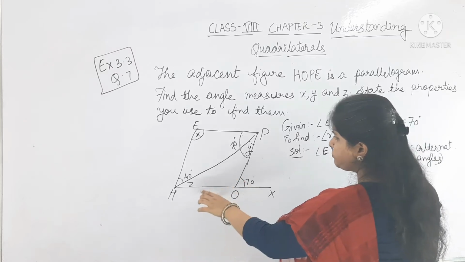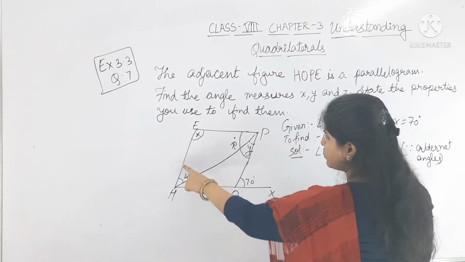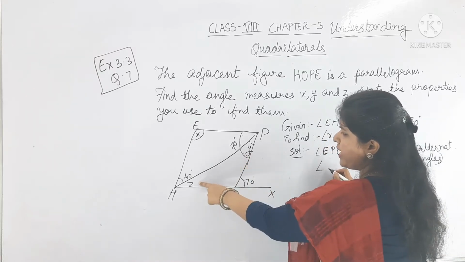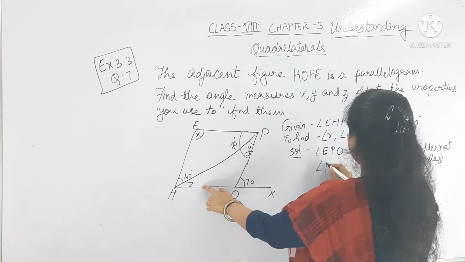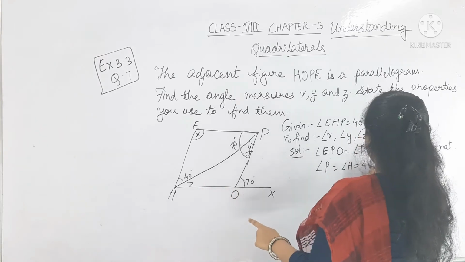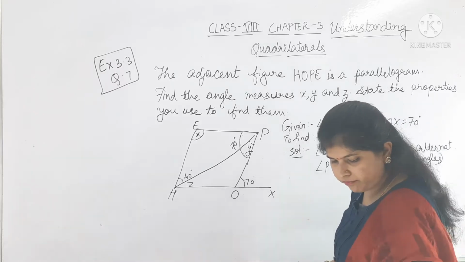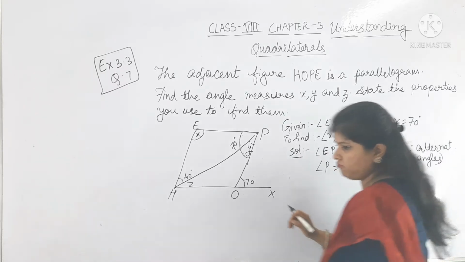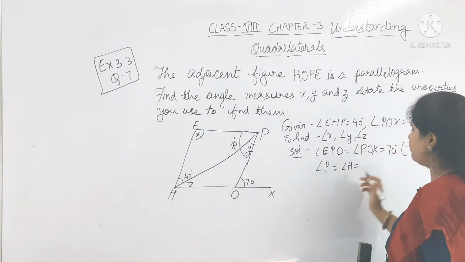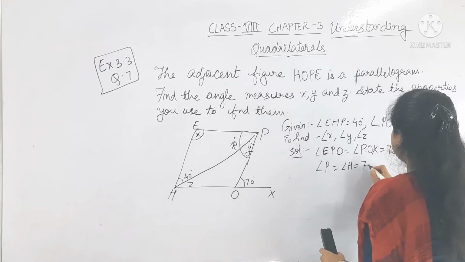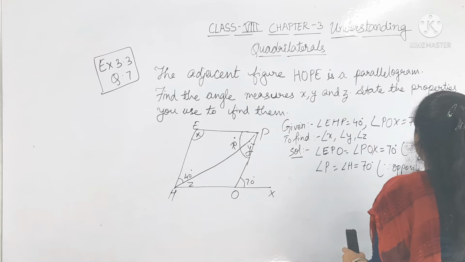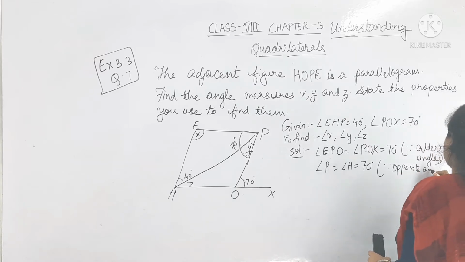Now you can see here this will be opposite sides, angle P and angle H. Angle P is equal to angle H equal to 70 degree. Angle P is equal to angle H is equal to 70 degree because opposite angles.